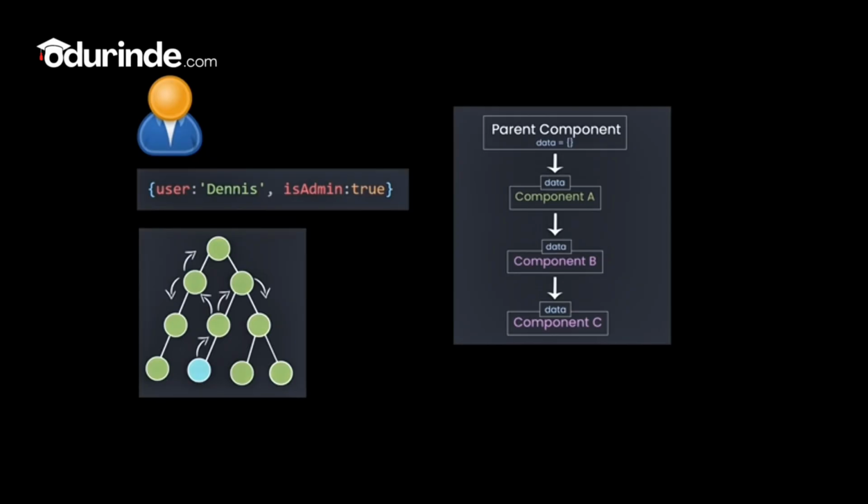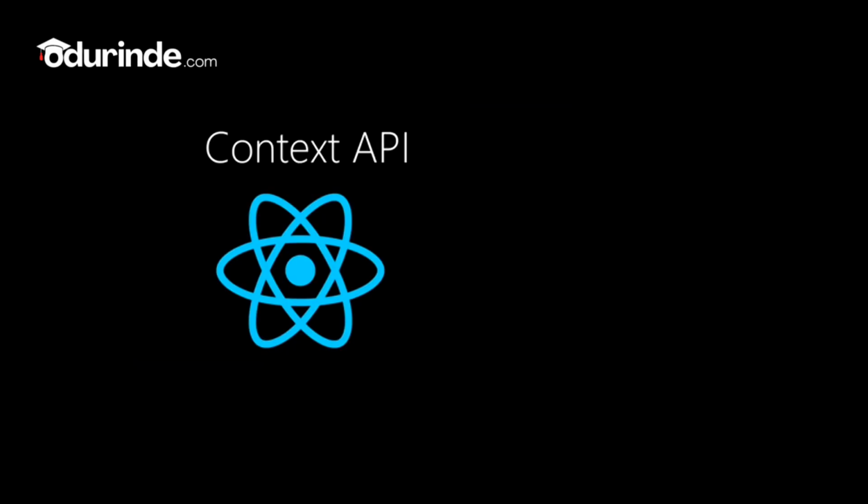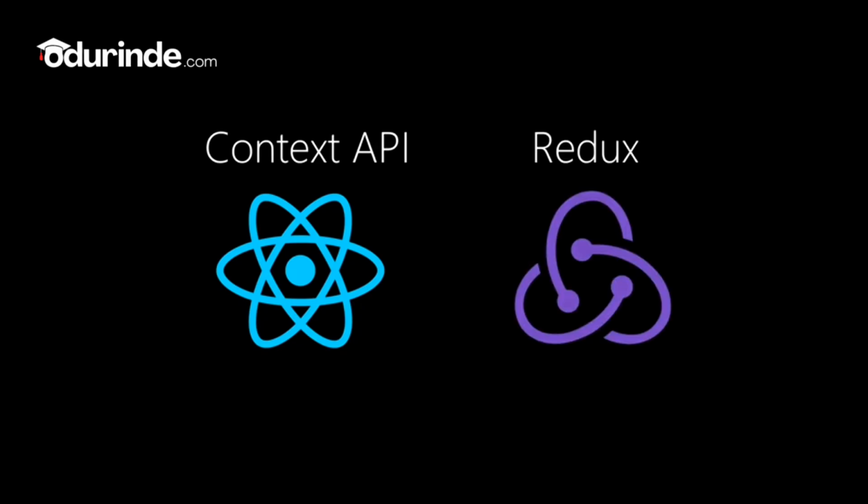We have several options to handle this, like using the built-in context API or using a third-party package like Redux and many others. With this, we are able to create some form of global state and use it across multiple components in our component tree without having to deal with props drilling.